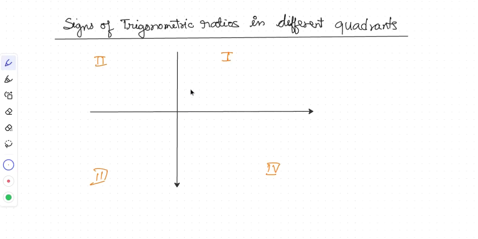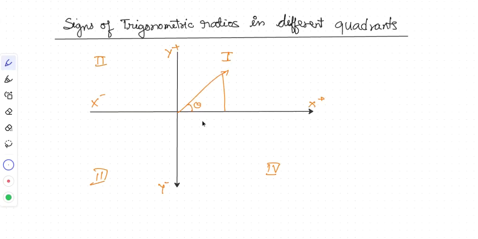In the first quadrant, we draw an angle with the x-axis. So let us say that this angle is theta, and this is the positive x-axis. This one is the negative x-axis. This is the positive y-axis, and this is negative y-axis.